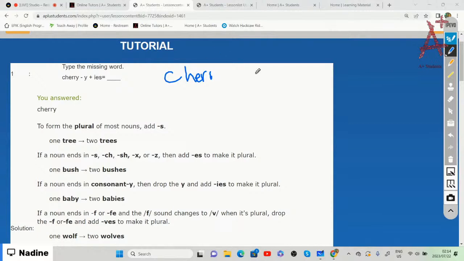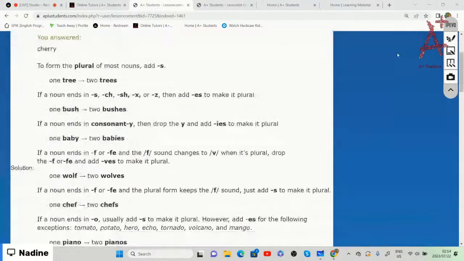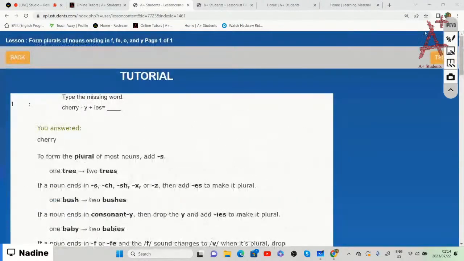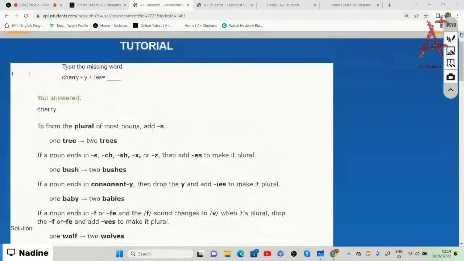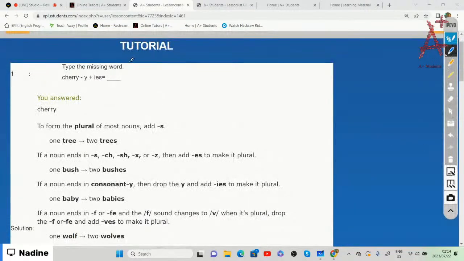So cherry, double R, yes. As we can see, the Y was dropped and then we added the IES. For one cherry, two or more cherries.